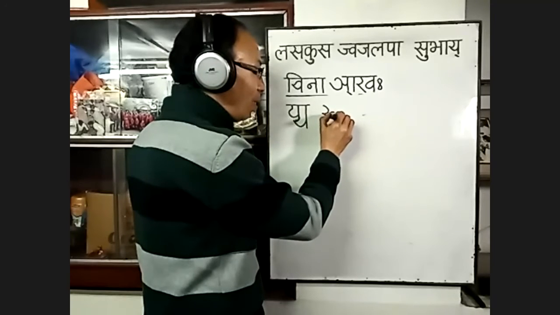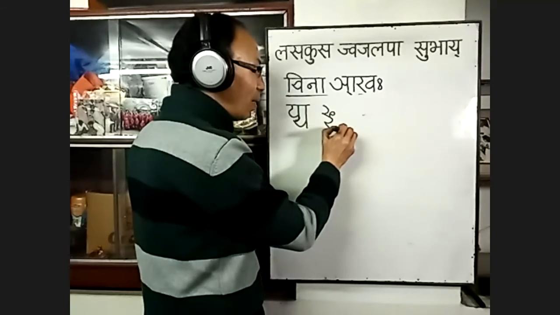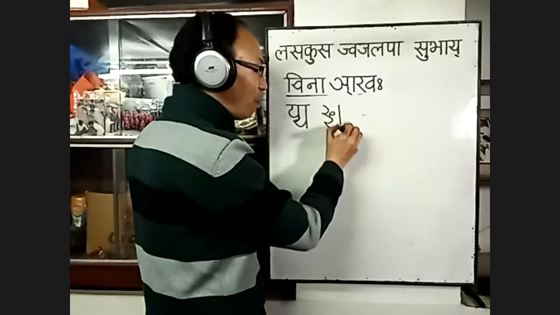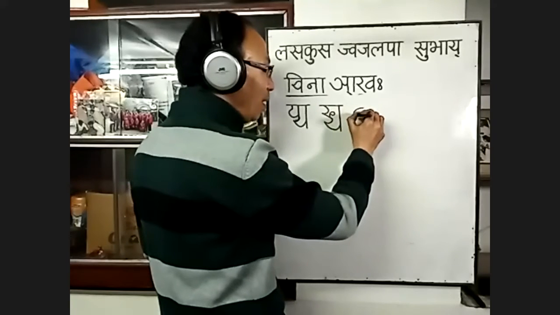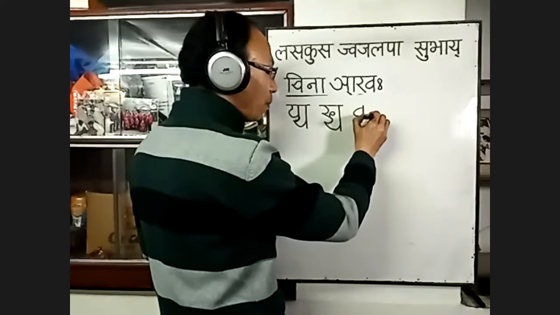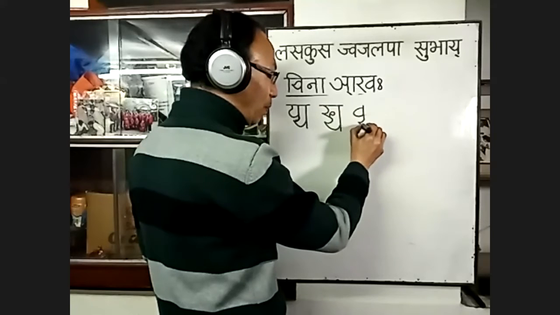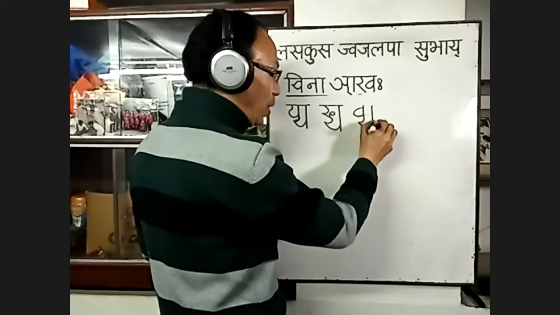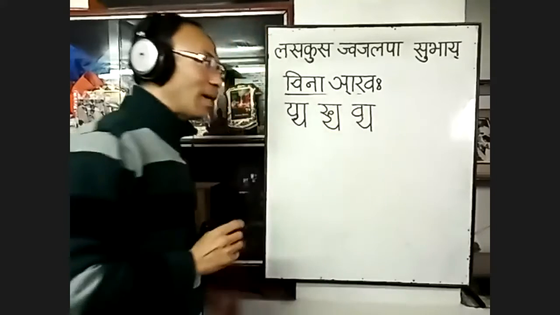This is pa. The mutufa of pa lies here. And this is pya. This is bya. The mutufa of ba lies here. This is bya.